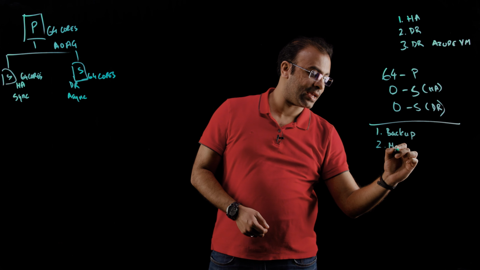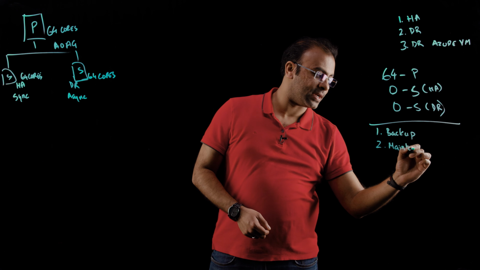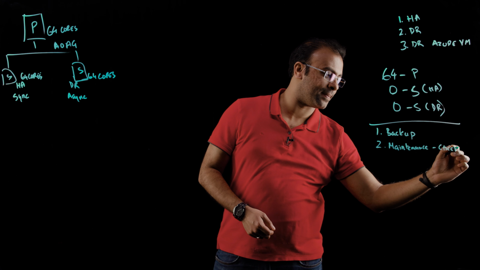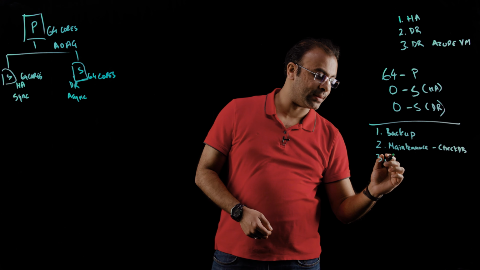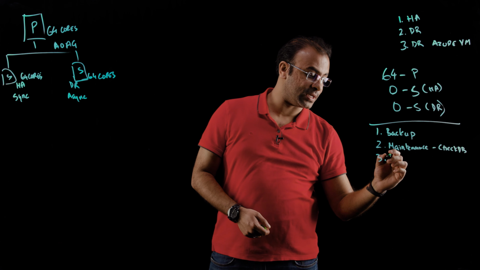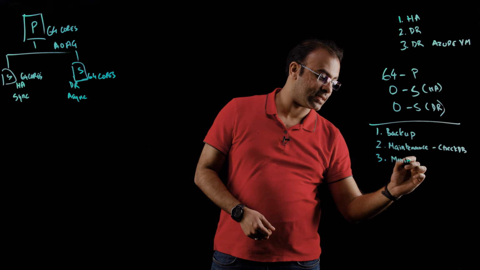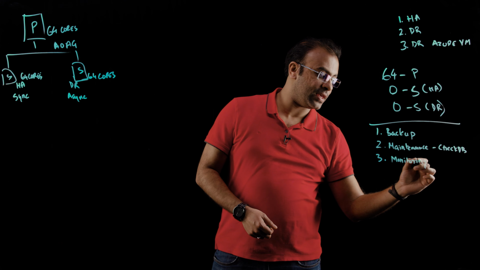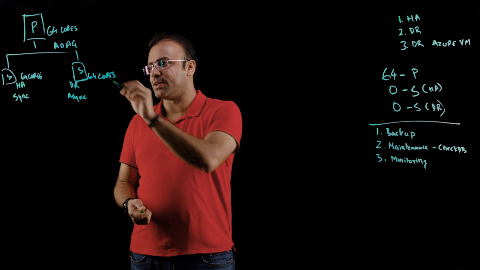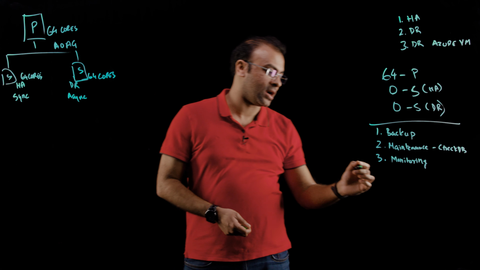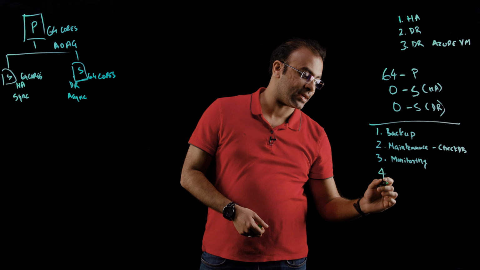You can perform any kind of maintenance operations, like CHECKDB consistency checks. The third is you can run monitoring applications against these instances. These monitoring applications can connect and get resource usage from the secondary replicas or check if the SQL Server instance is online, so monitoring application connections are allowed.